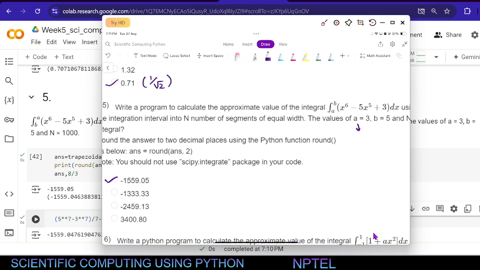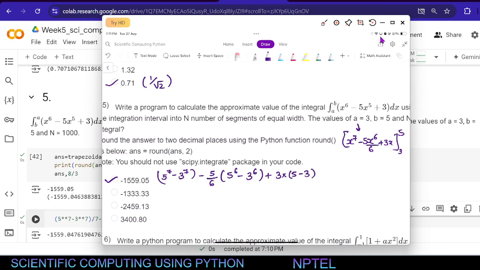And we can do this, right? This is what, x to the power 7 by 7 minus 5 x to the power 6 by 6 plus 3x evaluated from 3 to 5. Okay, so it's going to be 5 to the power 7 minus 3 to the power 7, minus 5 by 6 times 5 to the power 6 minus 3 to the power 6, plus 3 times 5 minus 3, which is just 6.